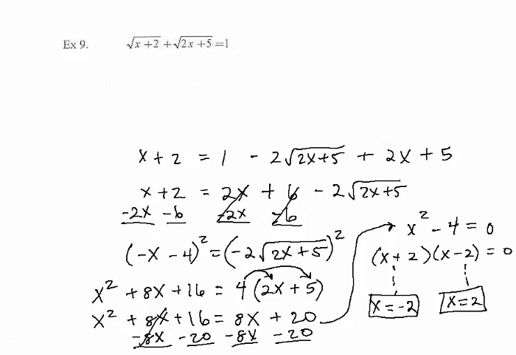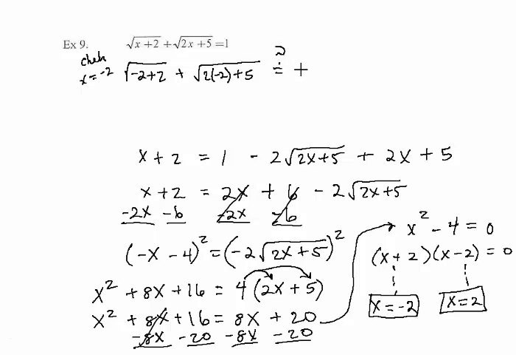Making a little room to go back and check each of these solutions. We get negative 2 plus 2 if we're checking x equals negative 2. Negative 2 plus 2 underneath the first radical. The second radical is a 2 times the negative 2 plus 5.